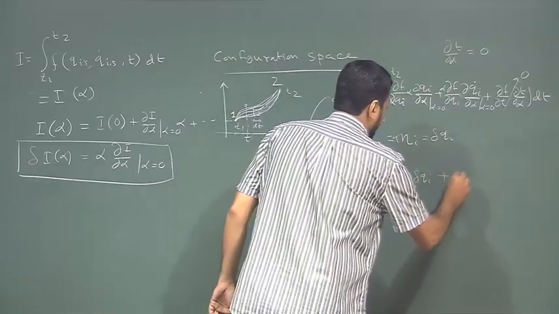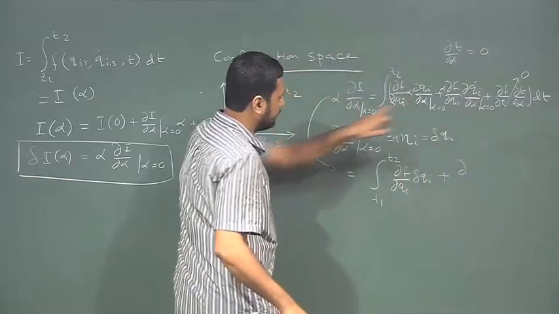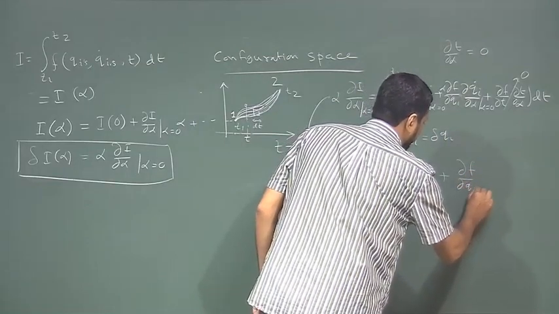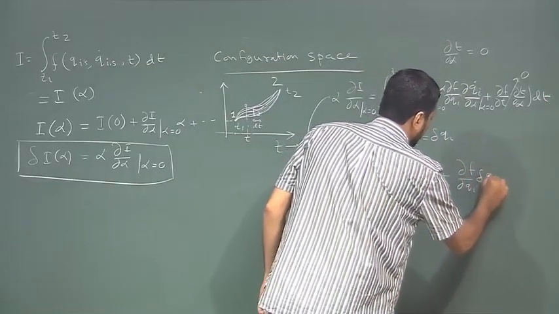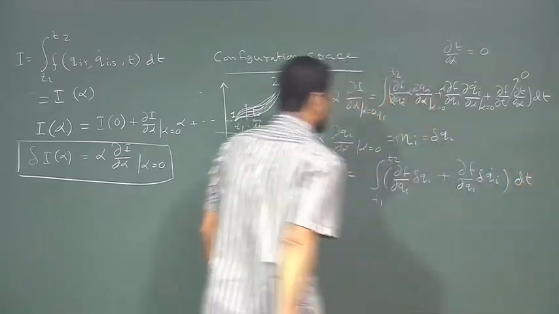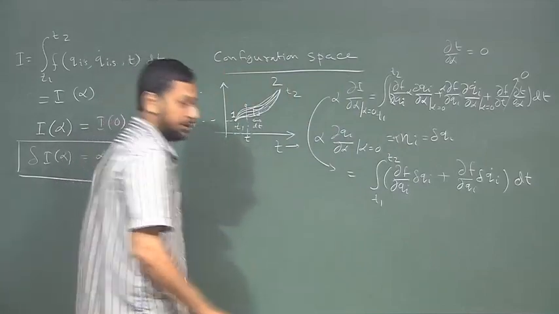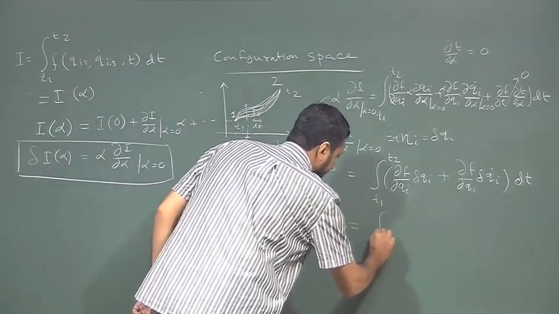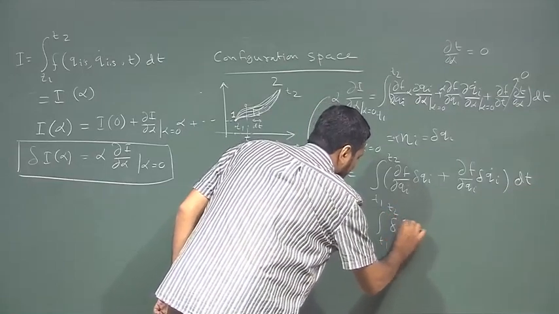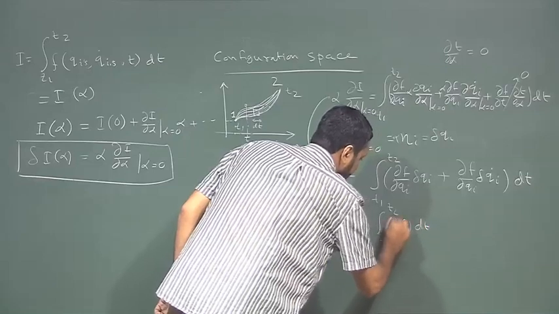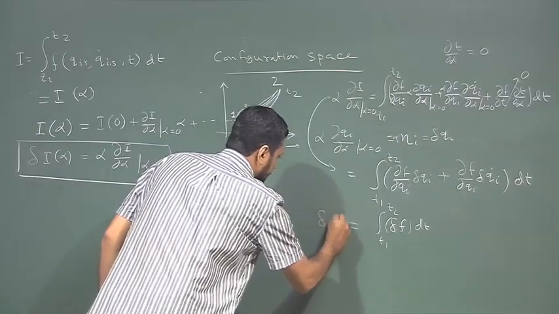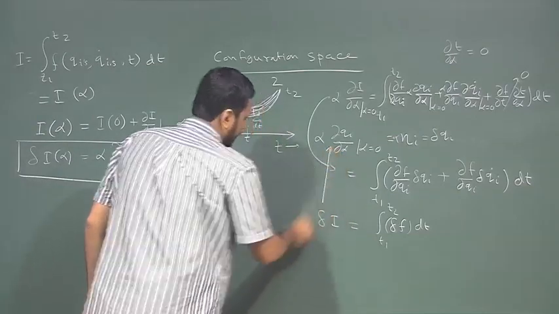Similarly, we can do the same thing for the generalized velocity component, and this will come out to be del f del q_i dot delta q_i dot, right. And this in short can be simply written as the integral from t1 to t2 of delta f dt, right. And this is nothing but the variation of I.